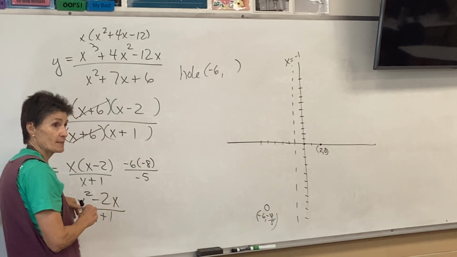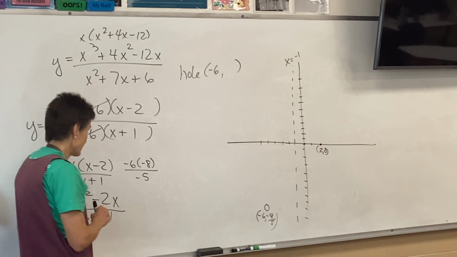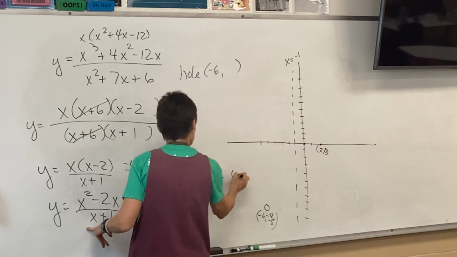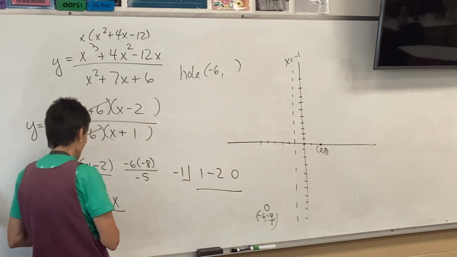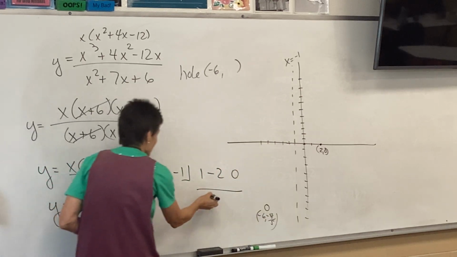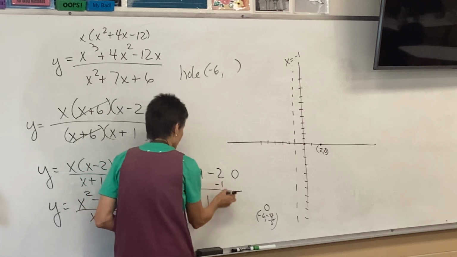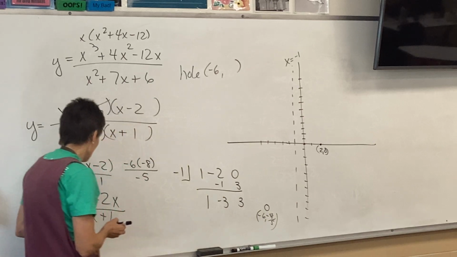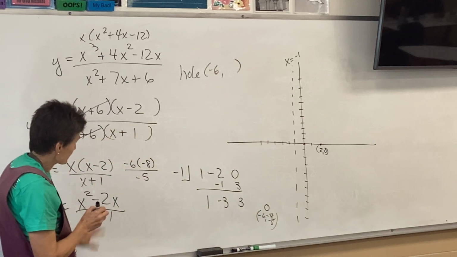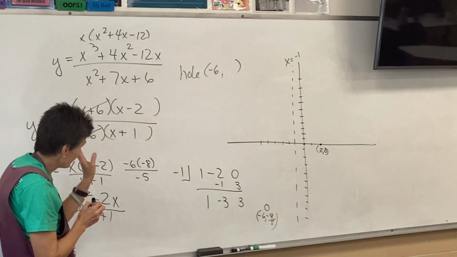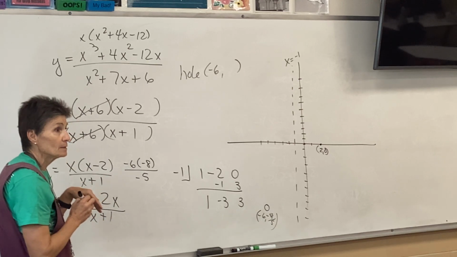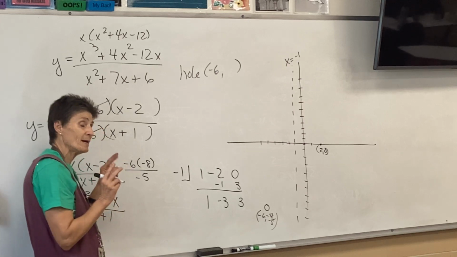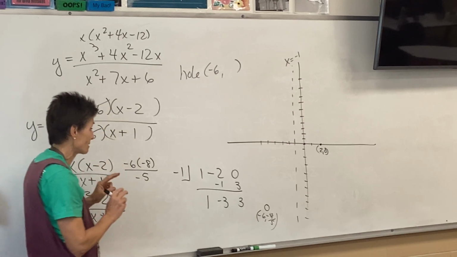Is it okay if I do synthetic division here instead of long? So -1 and 1, -2, 0. I'm gonna go ahead and put that 0 on the end. Drop my 1 straight down. And stop. Did I make a mistake there? Did I get all that? Is that okay? So what does that mean about my end behavior asymptote, my slant asymptote?